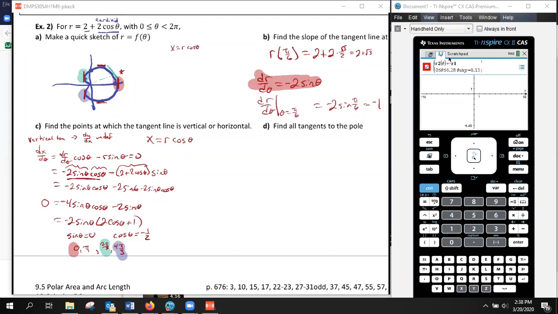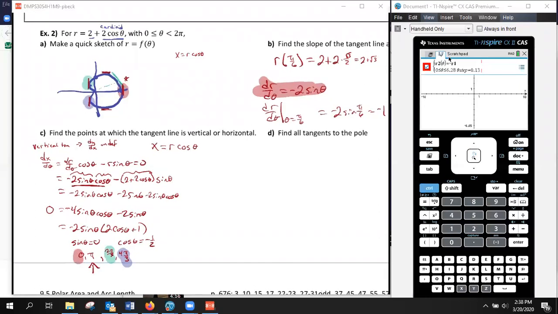Now, I did see somebody in the chat mention, well, what's happening at π? At π, if you notice, there is an issue. Because this is a cardioid, at π we're going to have a sharp turn right there. That sharp turn is going to cause a lot of issues. There is no vertical tangent there because it's an undefined point.